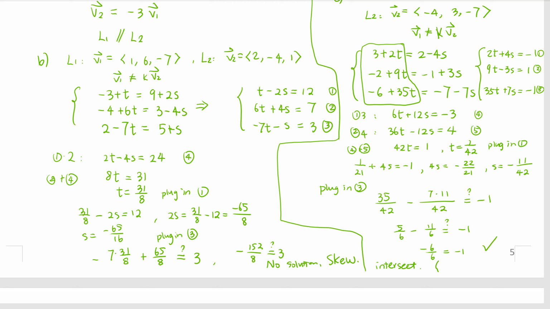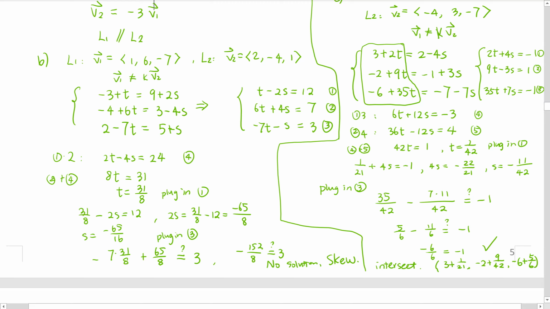So x is 3 plus 2t, and 2t gives us 1 over 21. And then y is minus 2 plus 9 over 42. And z is minus 6 plus 35 over 42. That's the same as 5 over 6.